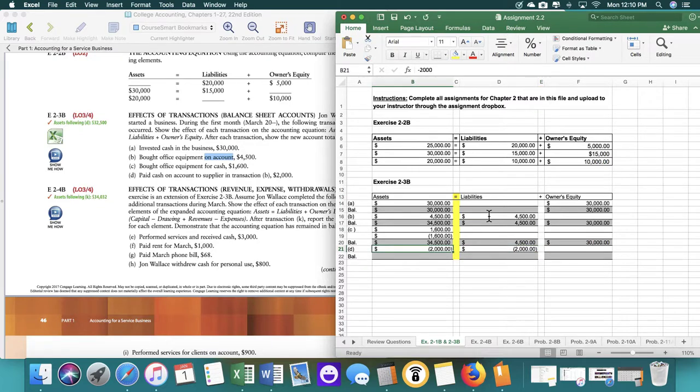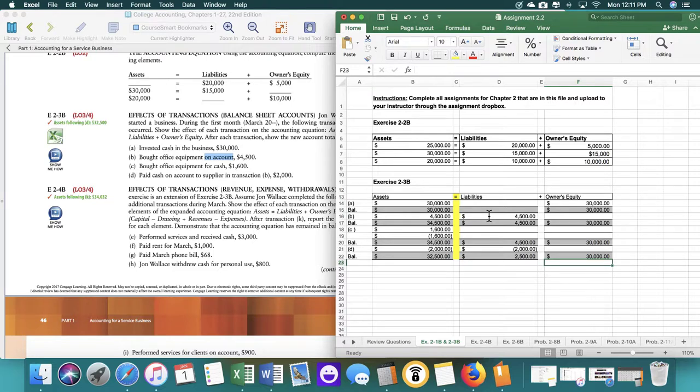And so then we're going to do the math. Again, I would recommend using a calculator, but it's pretty straightforward math. So we have 32,500 equals 2,500 plus 30,000. So, oops, it's 30,000. So far, again, everything balances.